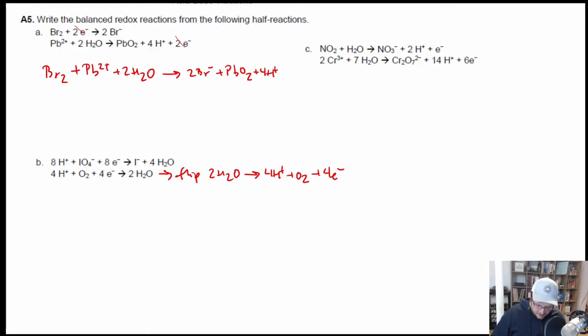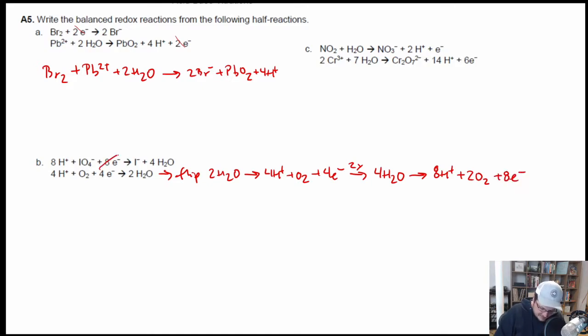Now, looking at it, we have 4 electrons on the right side for the bottom one and 8 electrons up top. So now I simply need to multiply this by 2. What I get is 4H2O yields 8H plus 2 O2 plus 8 electrons.